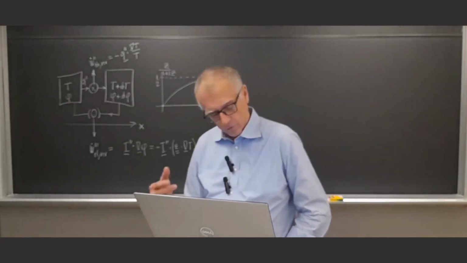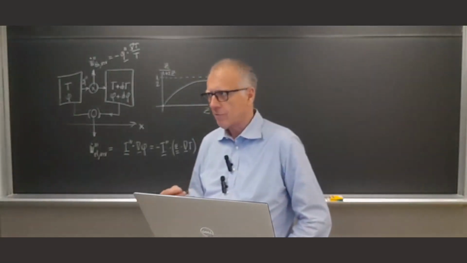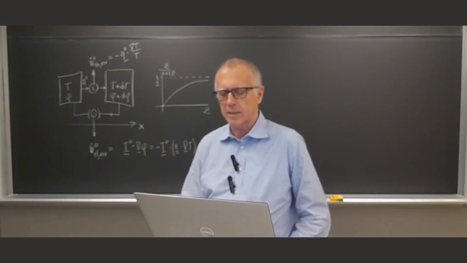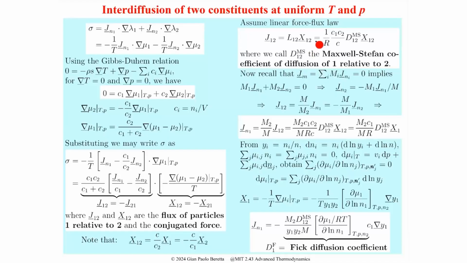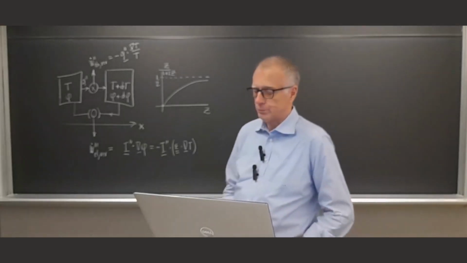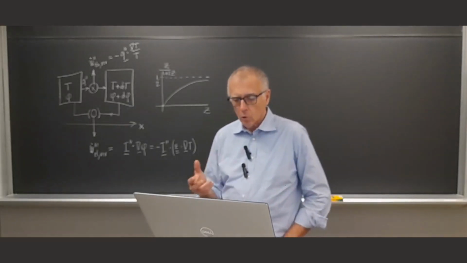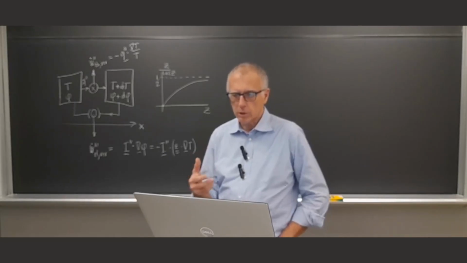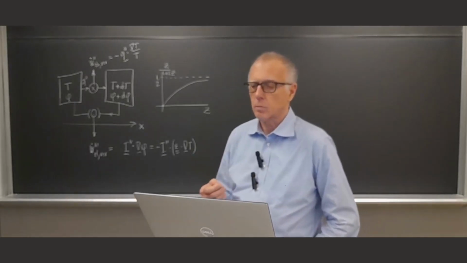There is no single familiar way of rewriting this. We like to rewrite it in terms of diffusion coefficients, which are the things that we measure in the laboratory, or that we measure nowadays with Monte Carlo or molecular dynamics simulations.